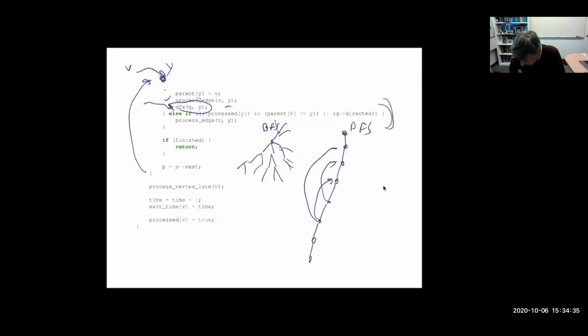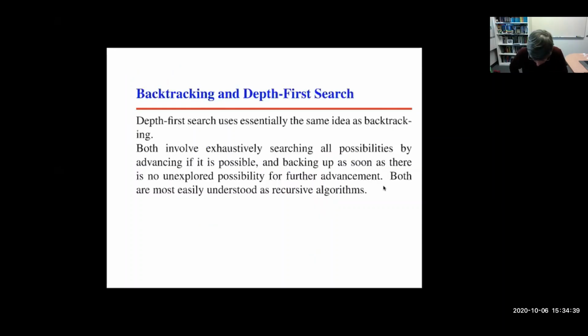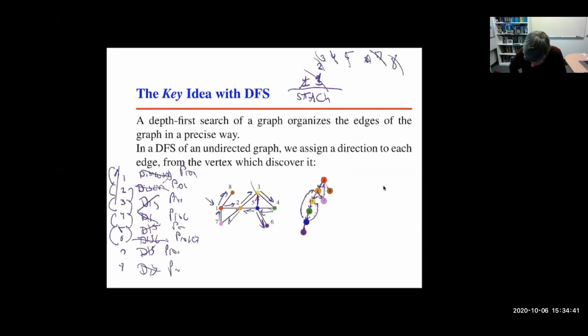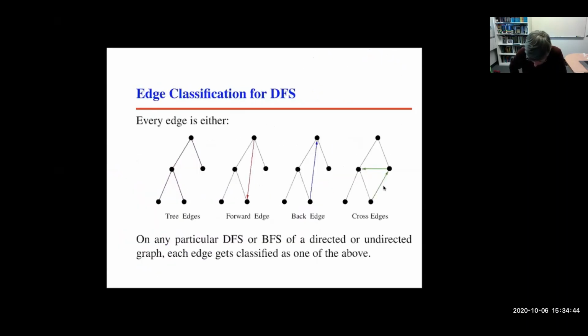Okay. What difference does it make? This probably does not sound exciting. The interesting thing is that, when we think about the edge classifications of DFS, certainly there are going to be tree edges. Some edges will be tree edges because they discover new vertices.